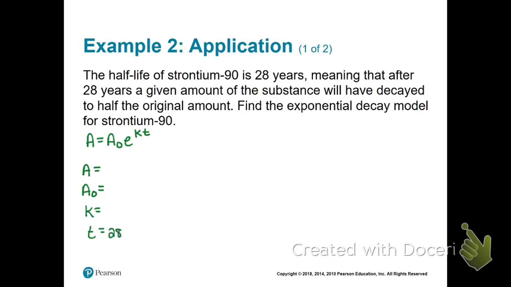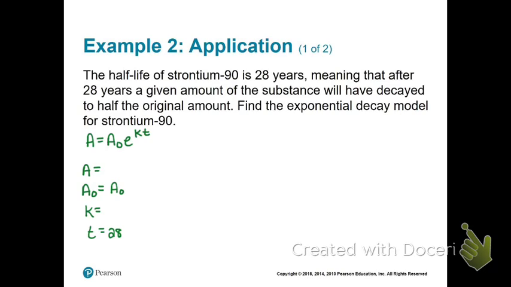Now, I don't know the ending amount and I don't know the beginning amount, but I'm talking about half-life. So what do we know is going to happen in 28 years? Half of the original amount is going to be left, right? So let's let the original amount just stay the original amount, but we know that half of that is going to be my ending amount.